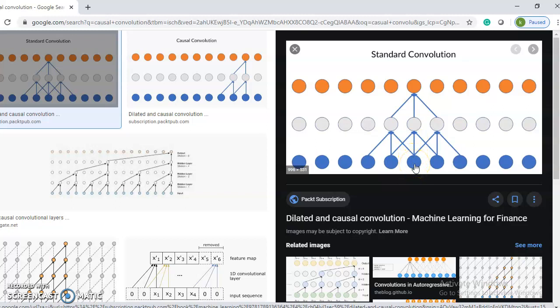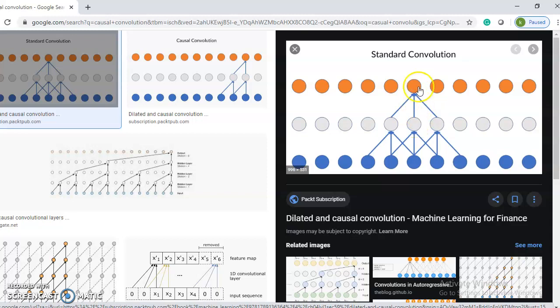In that case, this t minus 1 will activate this t, and the previous ones, t minus 1, t minus 2, t minus 3, will also activate this. But in this case, t plus 1 is also activating this neuron, and then t plus 2 is also activating. It means that our future value is affecting our present output value.